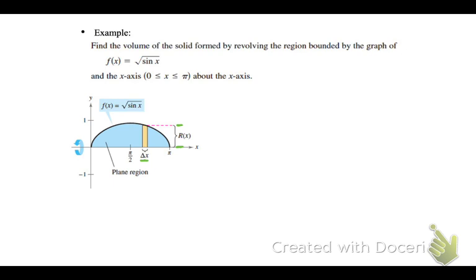So if you remember right, the formula is pi, the integral from a to b of r of x sub i squared dx. Yes? Okay, so our volume equals pi, the integral.